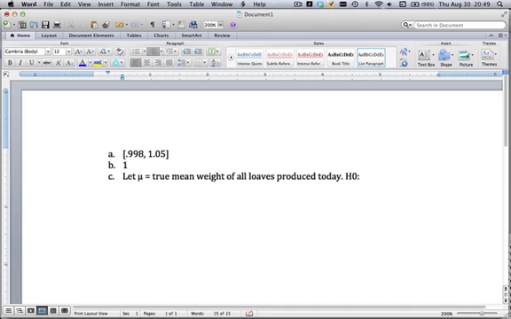And then H0 would be that mu equals 1, and H1 is that mu does not equal 1. Part D, perform a two-sided test at the 5% level and report the result.